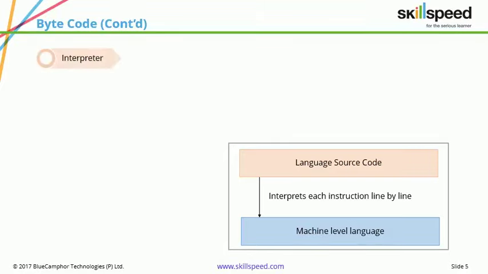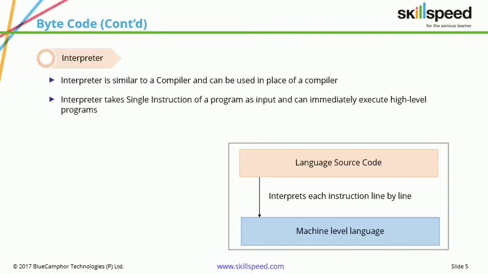Now coming to the concept of an interpreter. An interpreter is also like a compiler, but it is used in place of a compiler. What is the difference between a compiler and an interpreter? An interpreter is a computer program which can directly execute, or perform, the instructions that we write in a programming or scripting language.